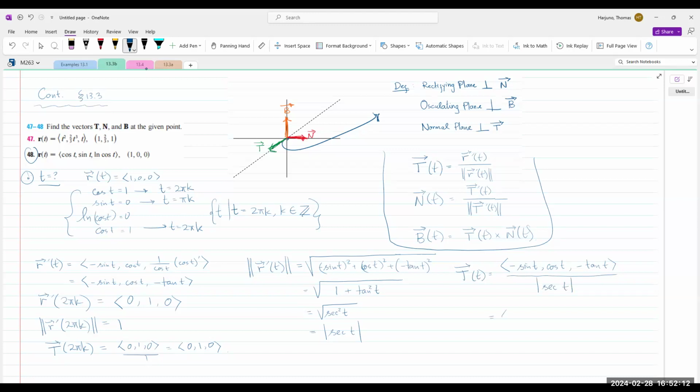Basically I multiply everything on the top by cosine t. So this will be negative sine t cosine t, cosine squared t, and negative sine t.